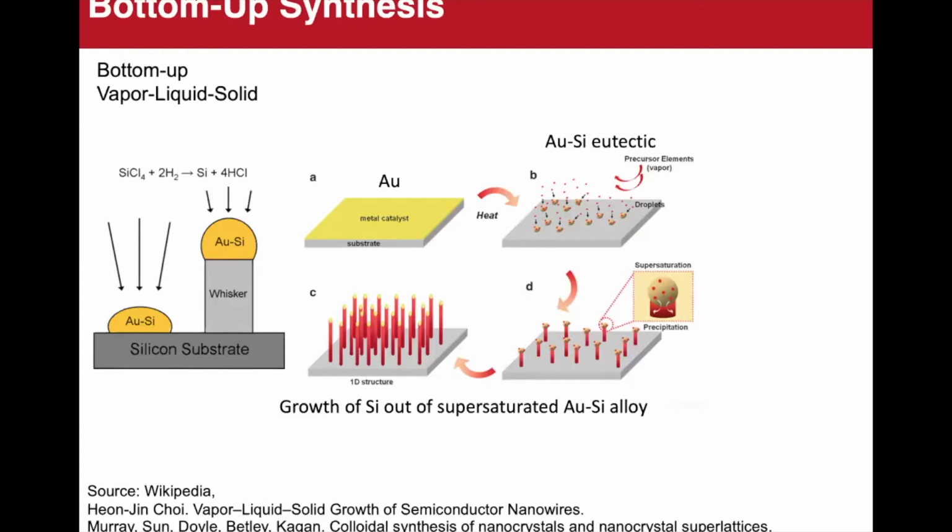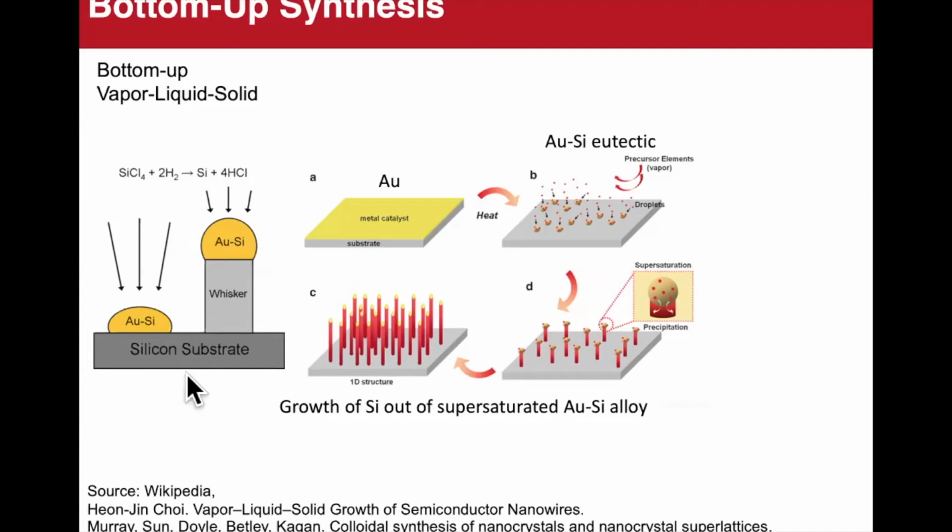And while we'll be focusing on one type of technique for synthesis of semiconductor and metal nanoparticles, there are many techniques out there in which you can make nanostructured materials. Here are just some highlights of a few of them. From the bottom up, you can use what's called a vapor-liquid-solid type synthesis. Over 50 years ago, the VLS method was demonstrated for 1D crystal growth.